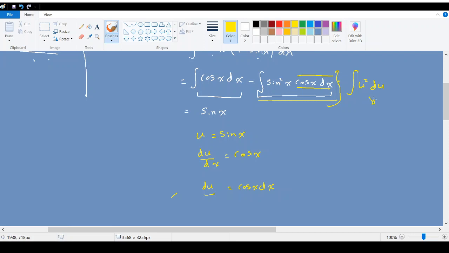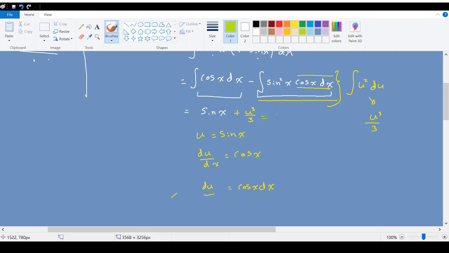Then we can easily integrate this new problem with the standard results we know. Then the answer for this original given problem is this. Now, as it is given in terms of x, we should convert everything back into x terms.